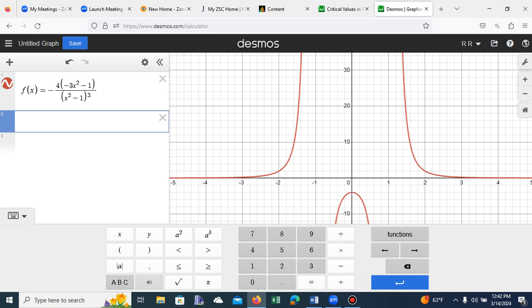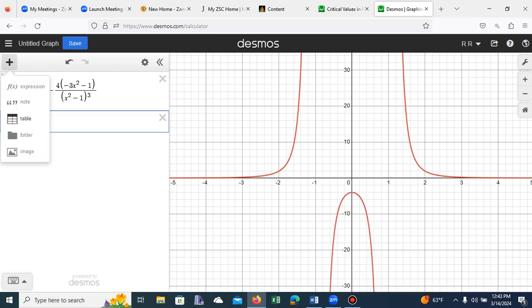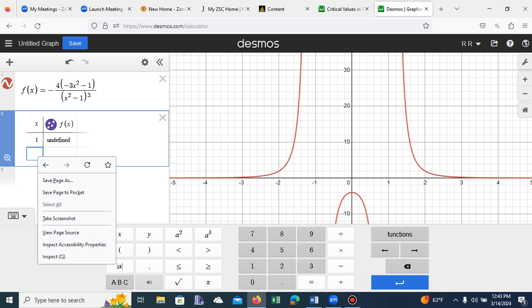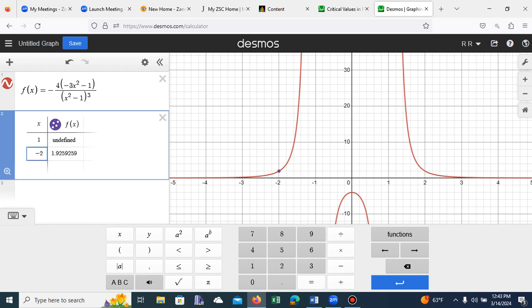Now if we look at the points, we'll do negative 1 and 1. You get the undefined points. Okay, so we'll do negative 2, and you get a positive.